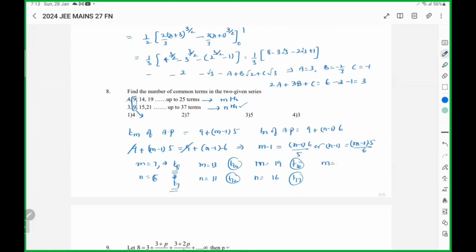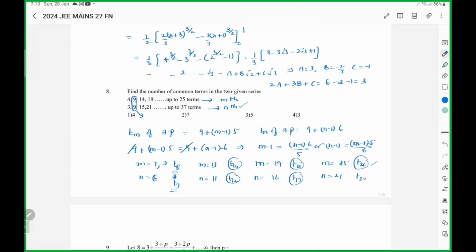If I take m as 24, right? 25. Then 4 into 5, 20. N will be 21. So that means the 26th term of this series will coincide with, because I counted from this, 25 minus 1, right?